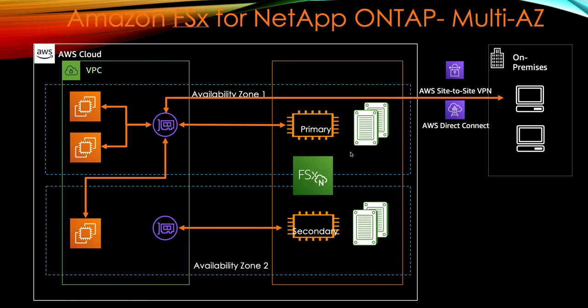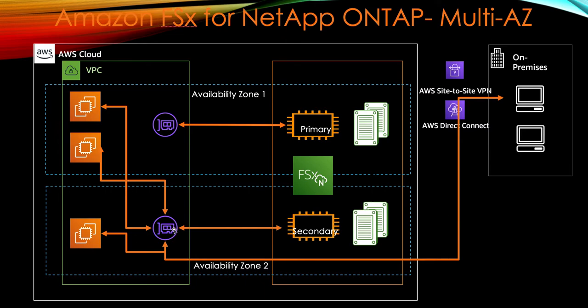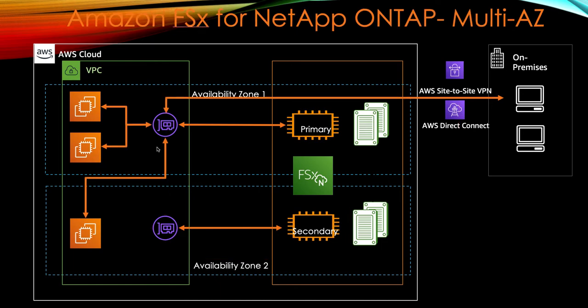If you're doing any activity or update on this file system in the primary, it will route all the traffic to your backup ENI. Once all the updates are done in your primary, it will switch all the traffic back to your primary, and the secondary becomes the secondary again. So if you are doing any maintenance on your file system, or increasing your file size or your throughput, all this activity will happen in the primary and your production workload won't get impacted.